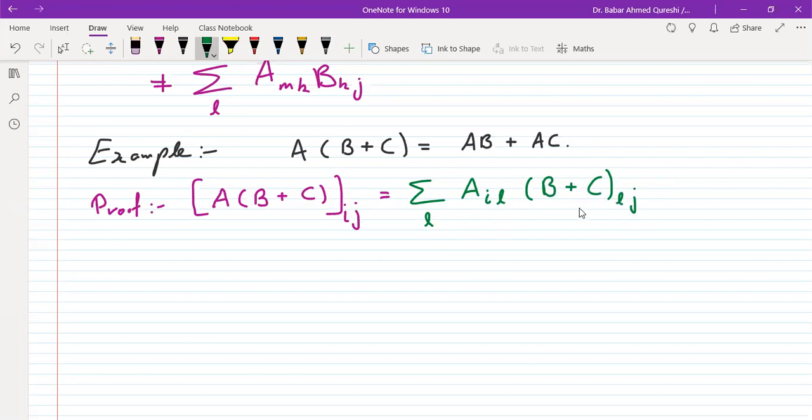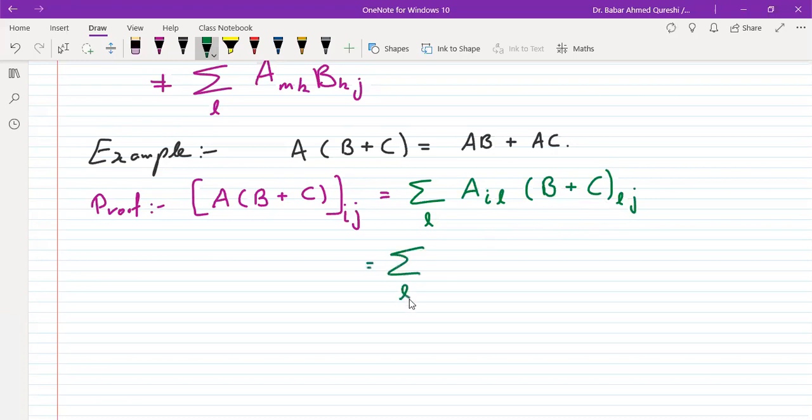But when I take the sum of two matrices, what is the rule? Adding two matrices is adding the corresponding components. If I take the lth, jth component of B plus C, that would be equal to the lth, jth component of B plus the lth, jth component of C. That's the rule.